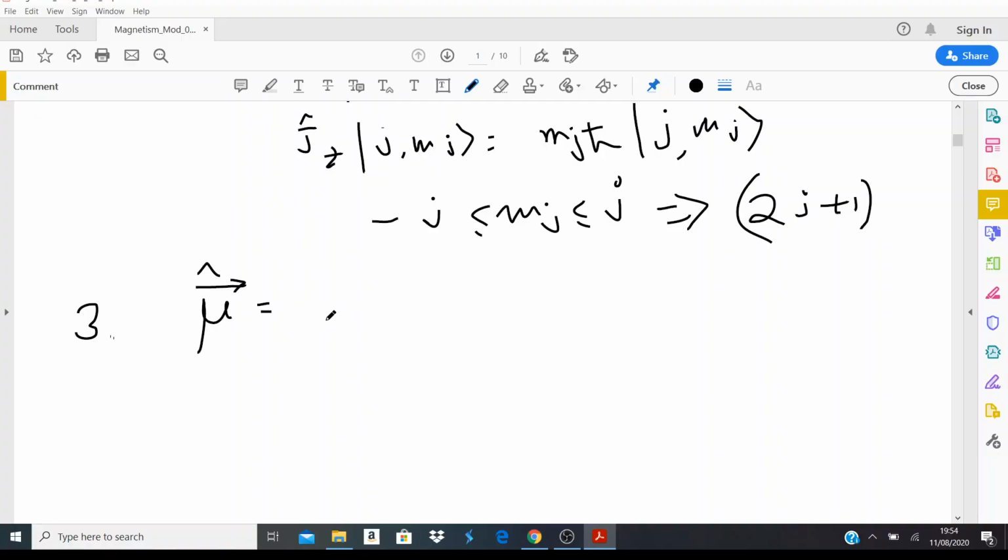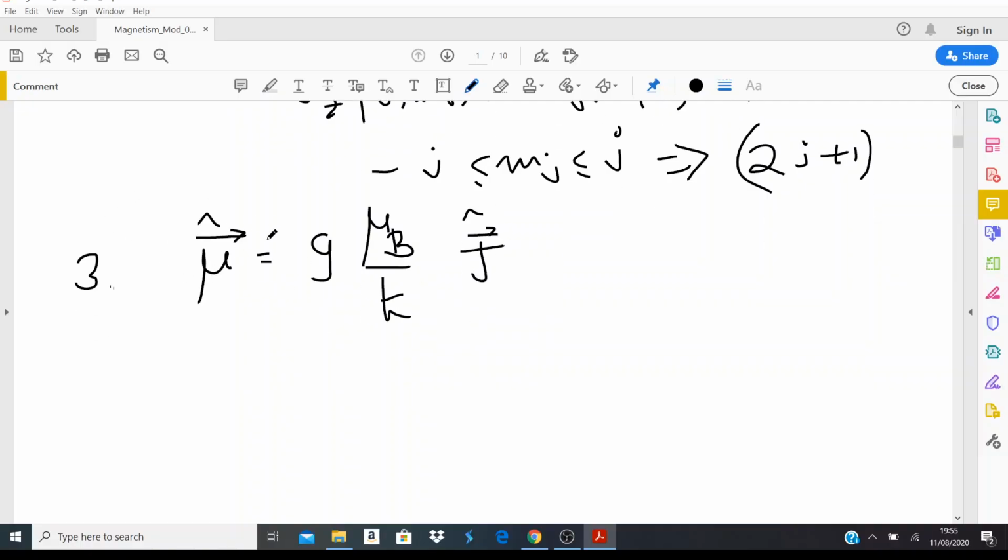You remember that we have some g factor, the Landé g factor, and we know the expression explicitly in terms of the quantum numbers L, S, and J. And we have the Bohr magneton divided by h bar times the total angular momentum, right? That's the definition of the magnetic moment operator.